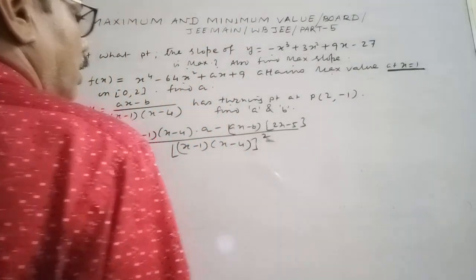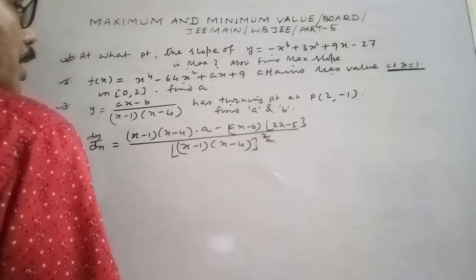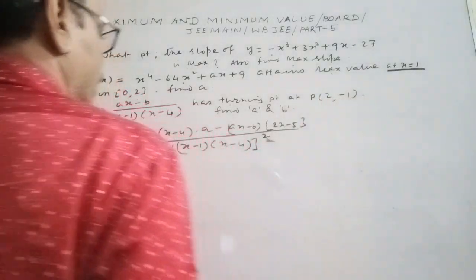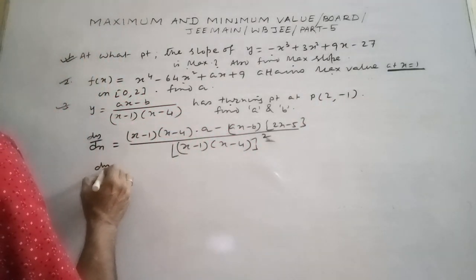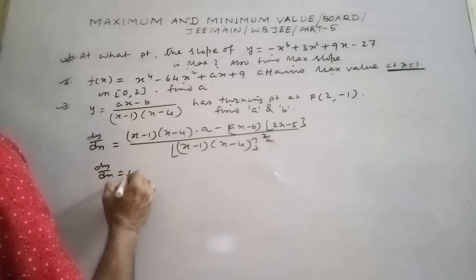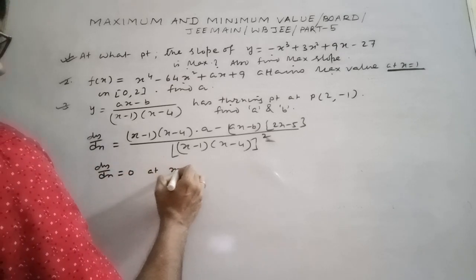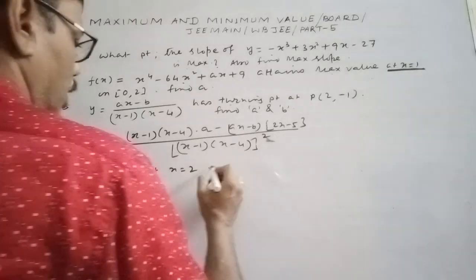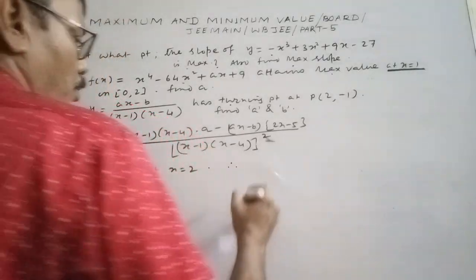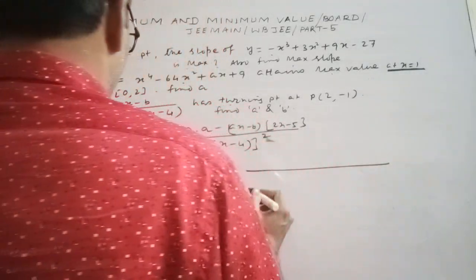Now it is given that it has a turning point at x equals 2. So dy by dx equals 0 at x equals 2. Therefore, put x equals 2.